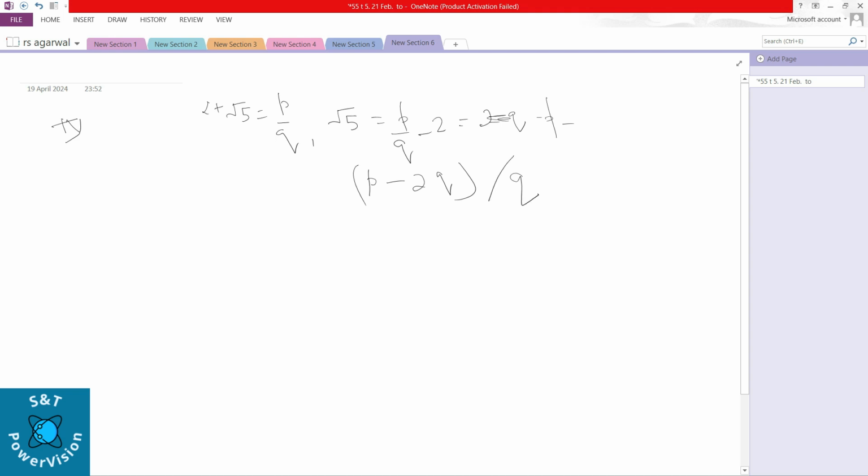Since in the beginning we said p and q both are in the simplest form and both are integers, (p minus 2q) divided by q is also a rational number. But on the other side, root 5 is an irrational number. So both are a contradiction of each other. So we can say that 2 plus root 5 is also an irrational number.